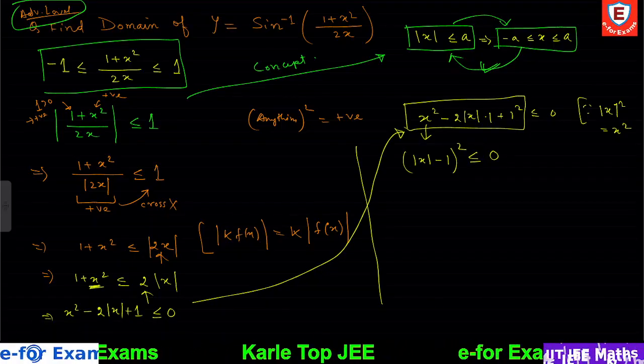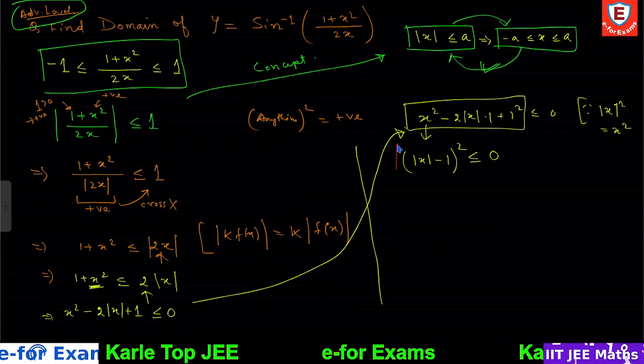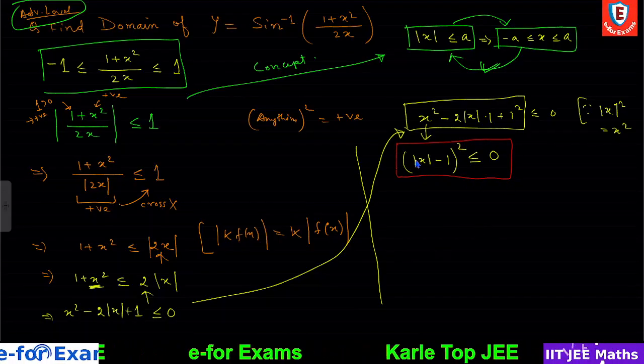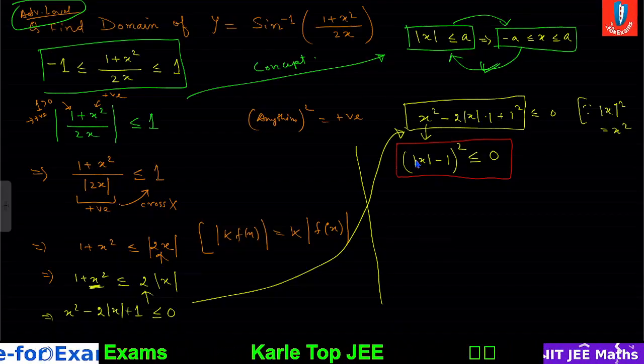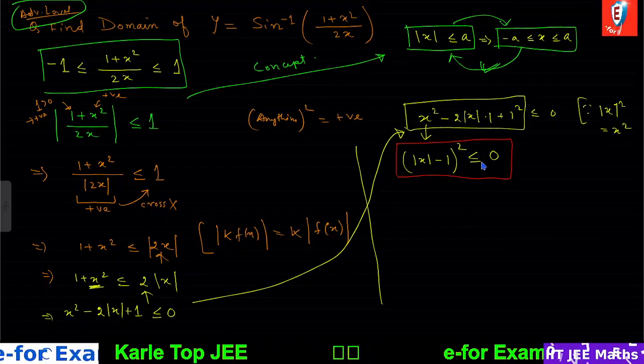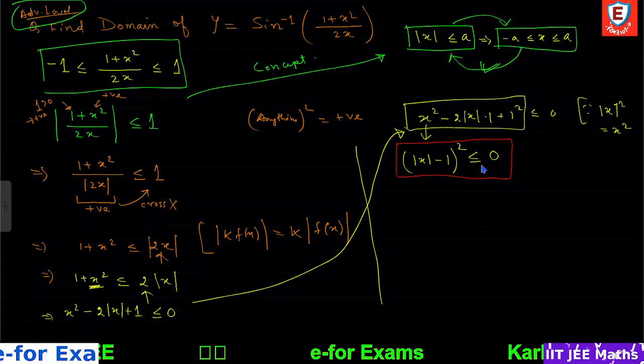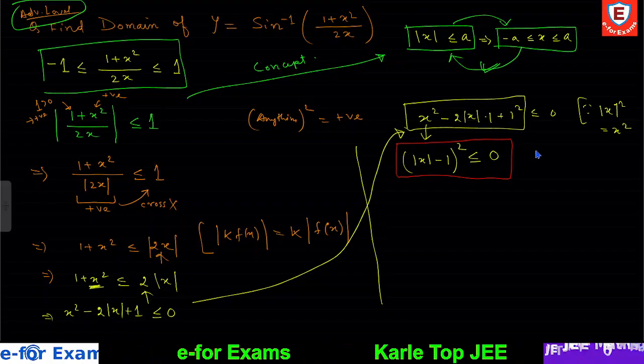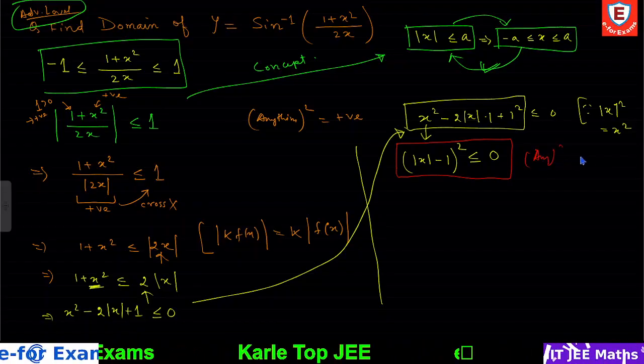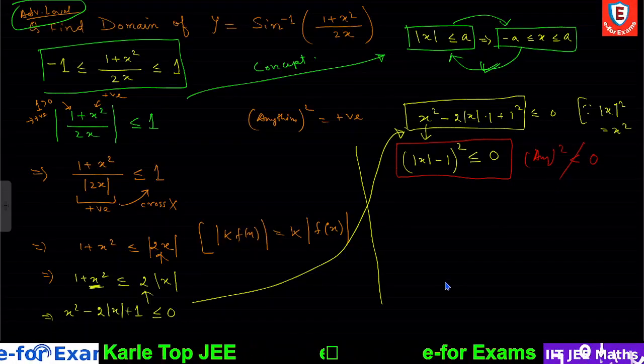But now observe this one. What we got? Mod of x minus 1 whole square is less than or equal to 0. Anything whole square cannot be less than 0. This is not possible.